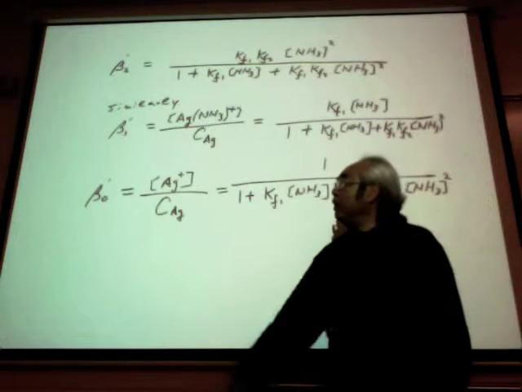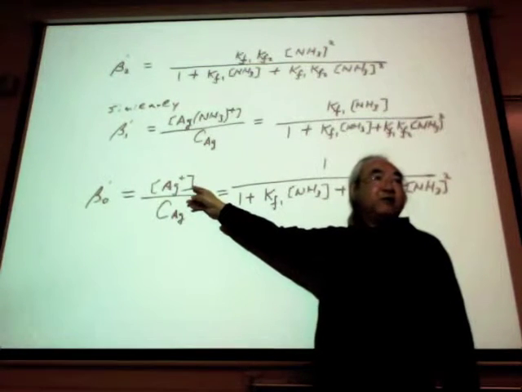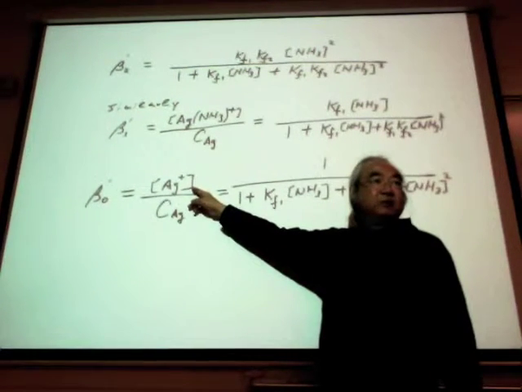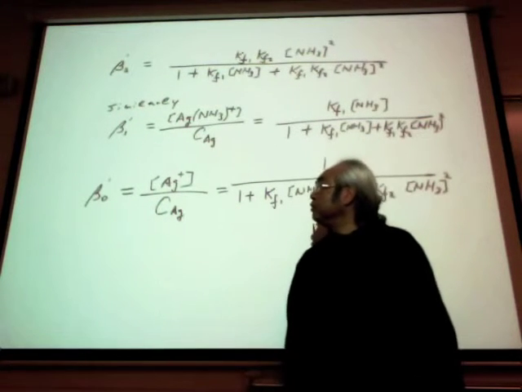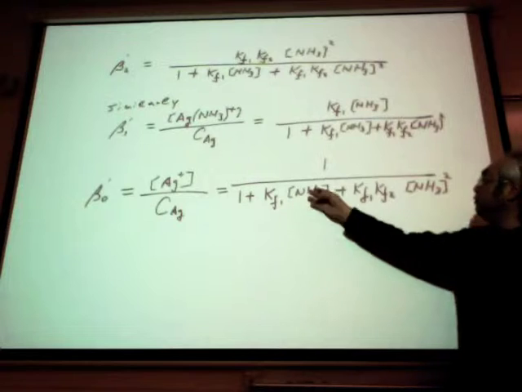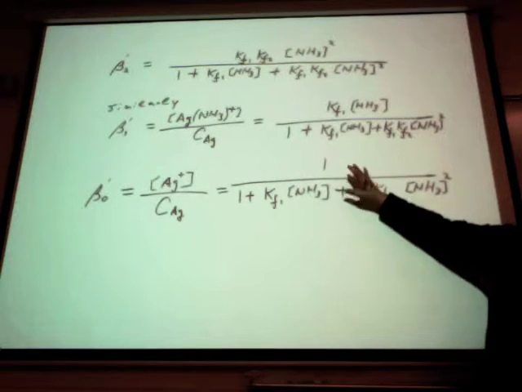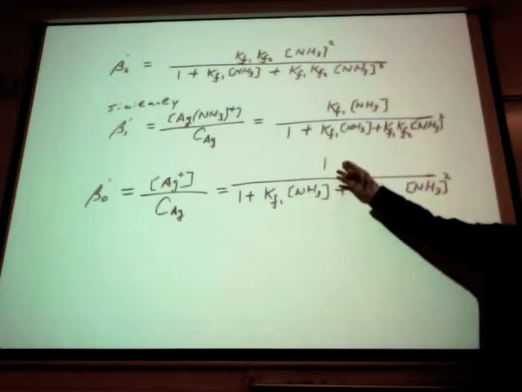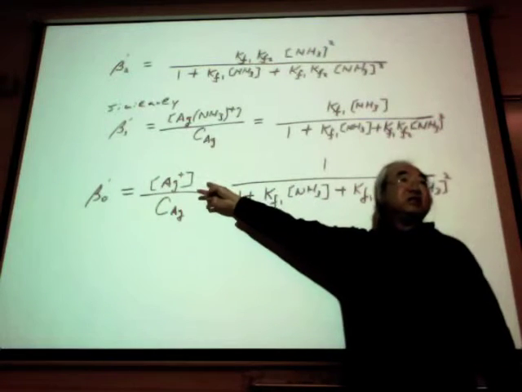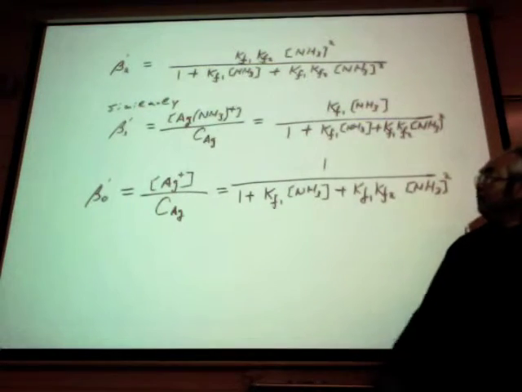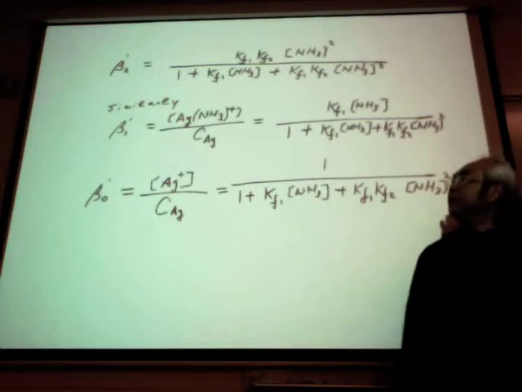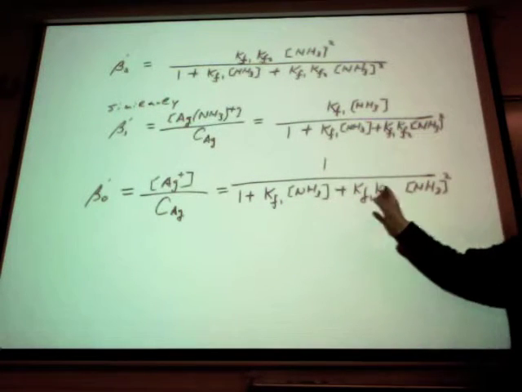If you want to know how much silver ion is uncomplexed in a mixture, then it is equal to this. You just go through the derivation for the species of interest divided by itself equal to 1, and so on and so forth, and you end up with that.